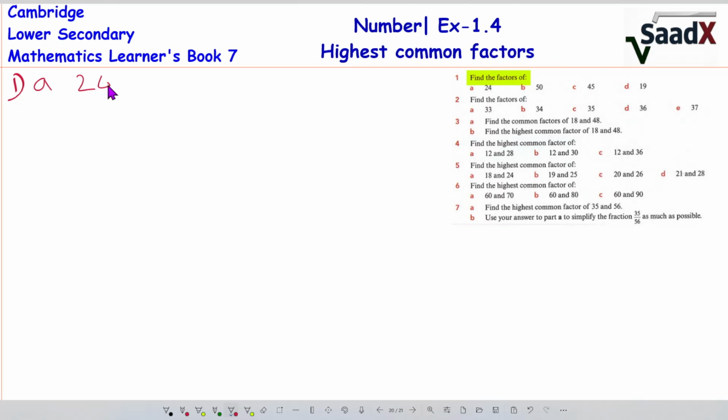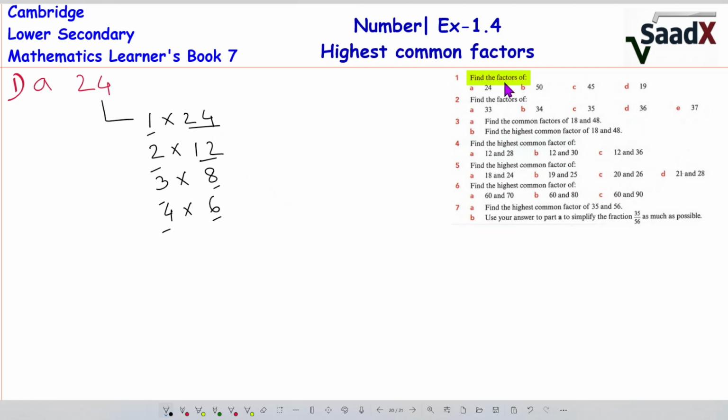We can write 1 times 24 is 24, then 2 times 12 also 24, then 3 times 8 is 24, 4 times 6 is 24. 7 is not possible, 8 already done, 9 not possible, 10 not possible, 12 done, 24 done. So 24 we can factorize by 1, 2, 3, 4, 6, 8, 12 and 24.